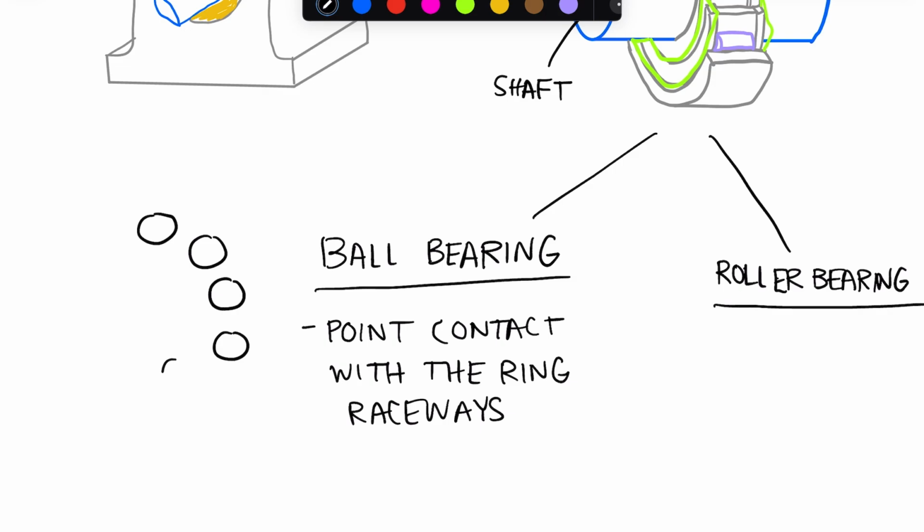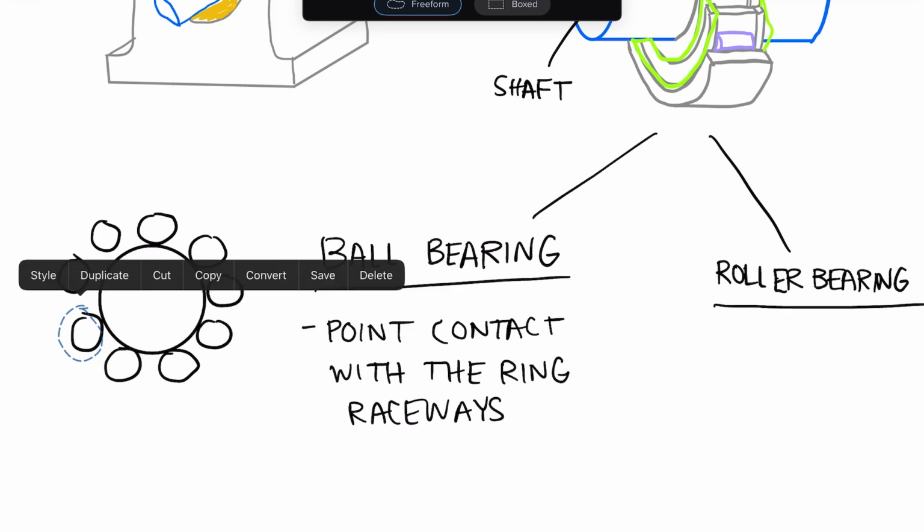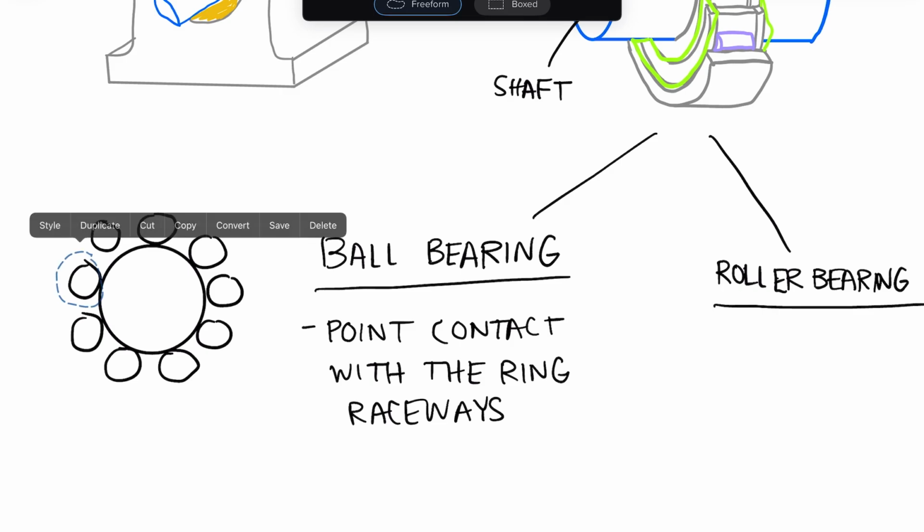I'm going to look at a side view of this. Okay, and these balls are contacting the inner race and also the outer race at points, right? The intersection between a sphere and a flat surface is going to be a point contact, or circular if you get some deformation.